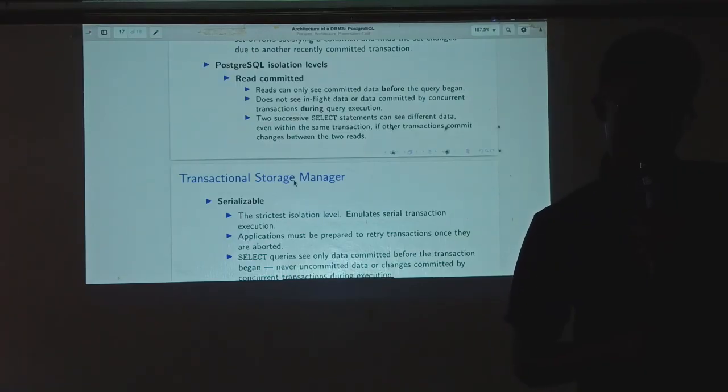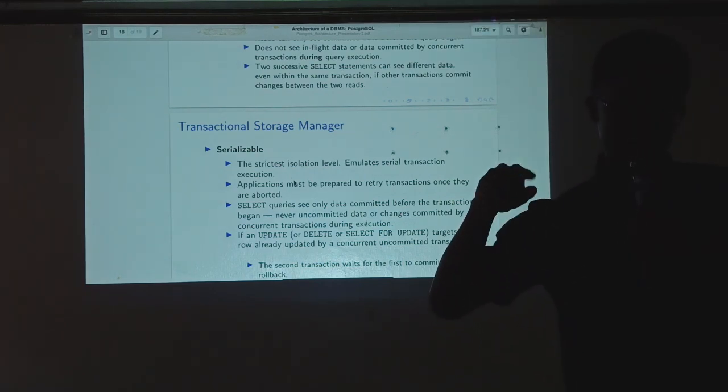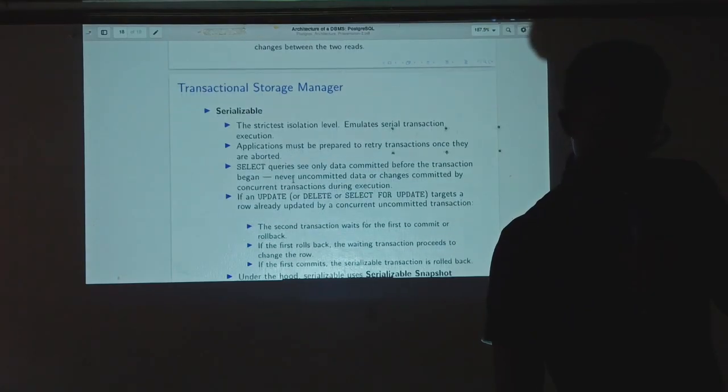When you read, it doesn't see in-flight data, or data yet to be committed by concurrent transactions during the execution. So when you run two successive select statements, they can see different data, even within the same transaction, if other transactions commit changes between the two reads.